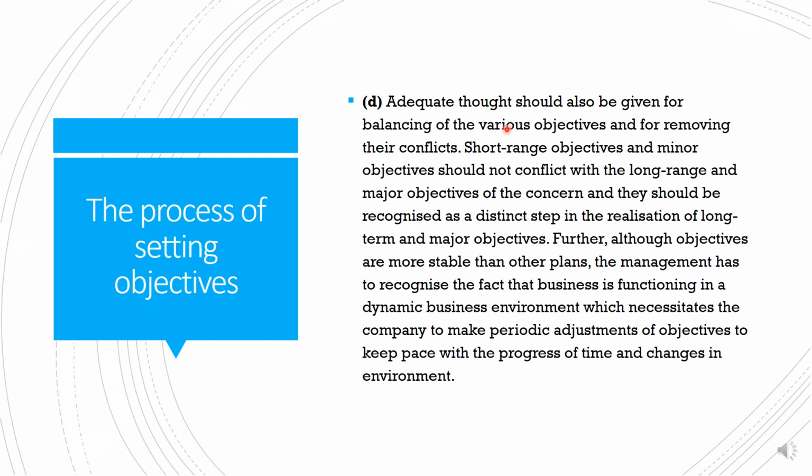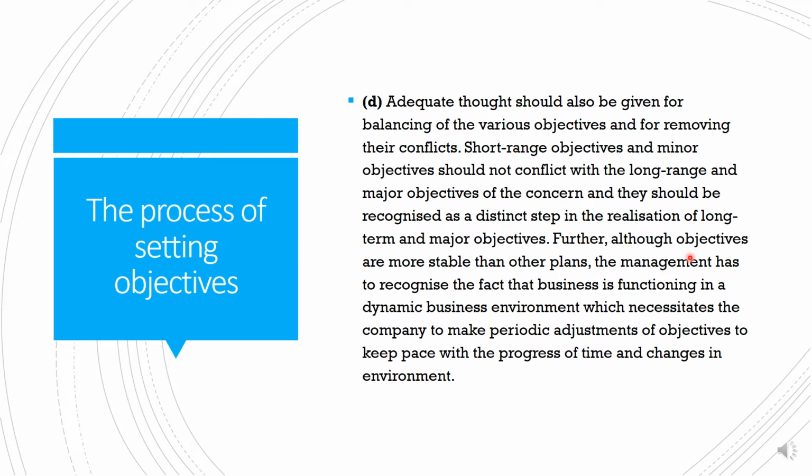These small objectives, when achieved, lead to the long range and major objectives, so you cannot ignore the short range objectives either. However, if it becomes pertinent that a short range objective is contradicting the major objective, then you should actually leave that short range objective.